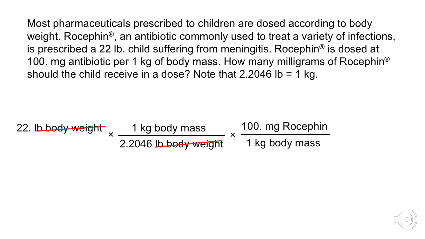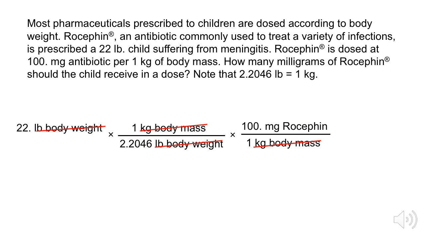Notice the decimal after the last zero in the 100. That tells you that the Rocephin, that number of milligrams, is reported to 3 significant figures. The kilograms of body mass will be canceled out, and that leaves you with the number of milligrams of Rocephin.